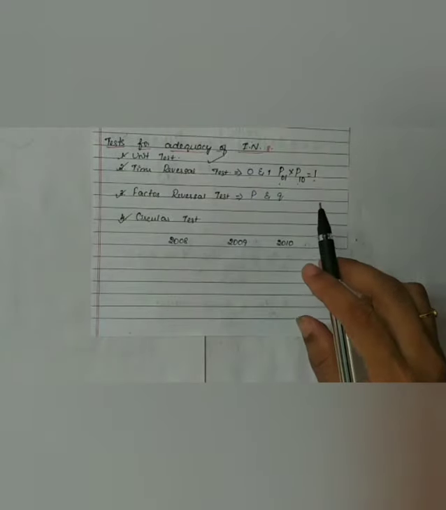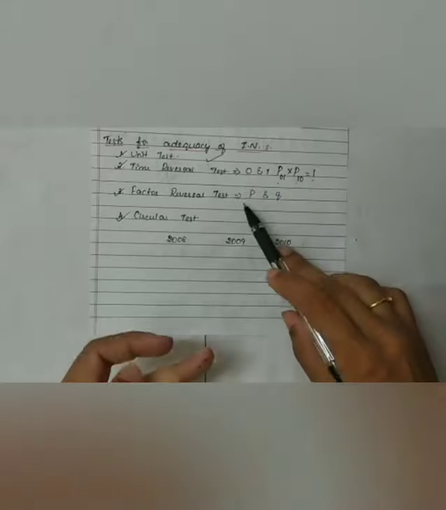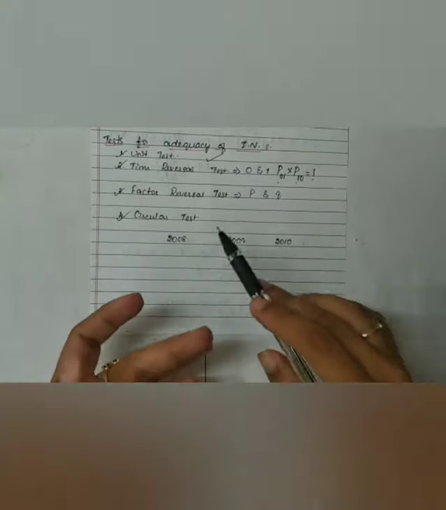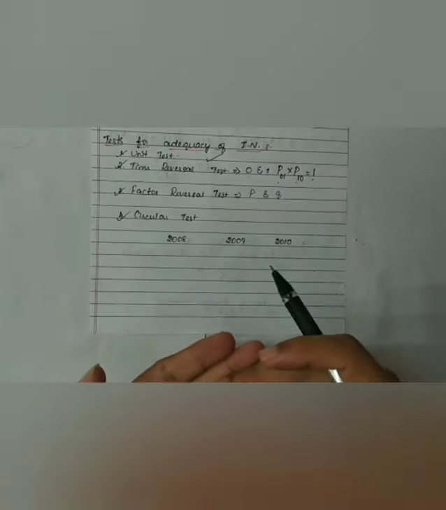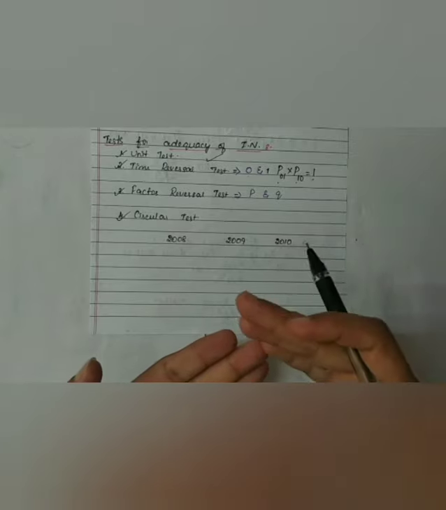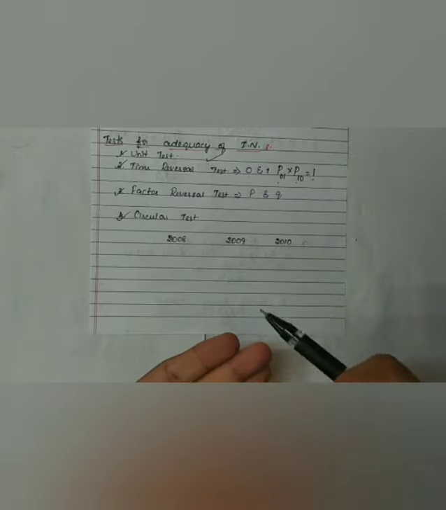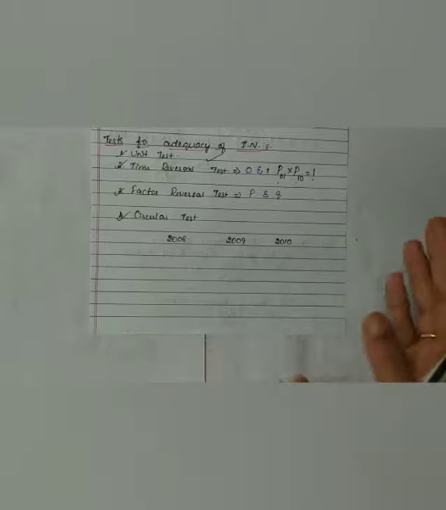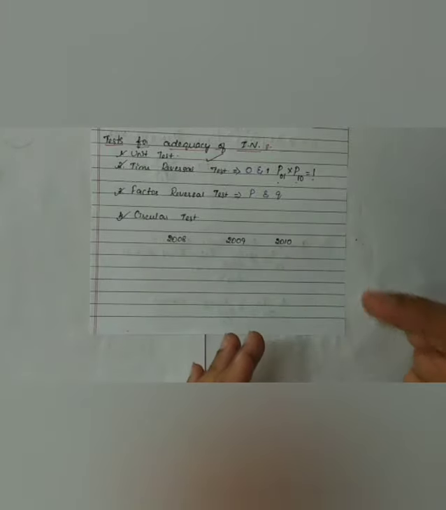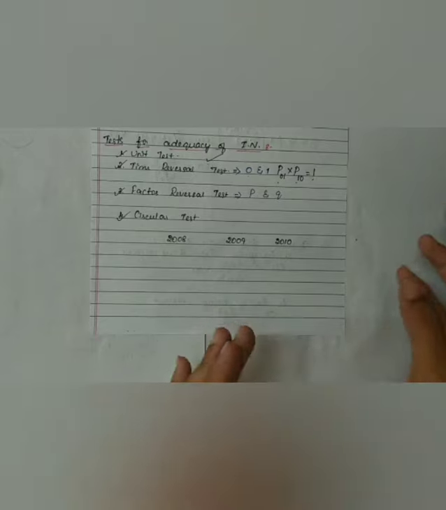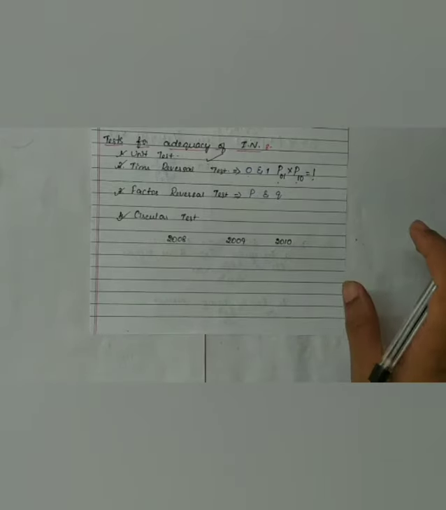Okay, so the next one is factor reversal test. When it comes to factor reversal test, 2 factors will be given, P and Q, isn't it? So here what they say is, where there is P, you should change it with Q, and where there is Q, you should put P. If you do so, if it satisfies the value index formula, that means it satisfies factor reversal test.